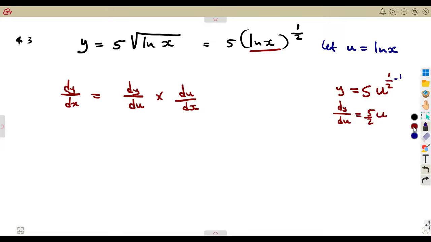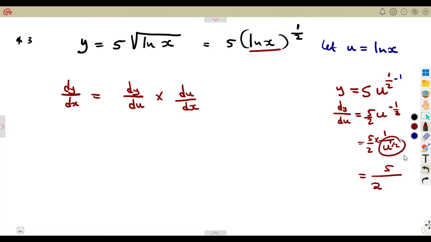So that is going to give us a minus half. Remember, a negative exponent means 1 over. So it's going to be 1 over u to the exponent of a half. But already there's a 5 over 2 here. So this is going to give us 5 over 2.